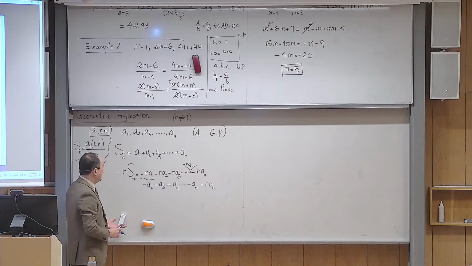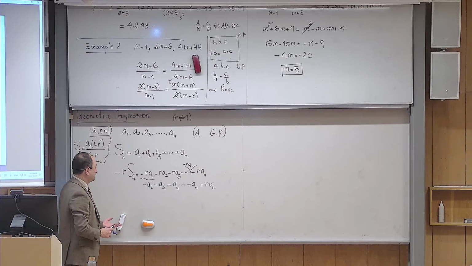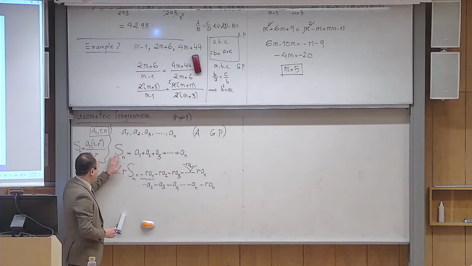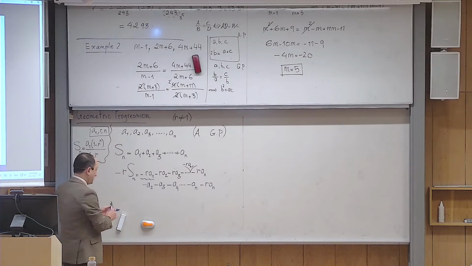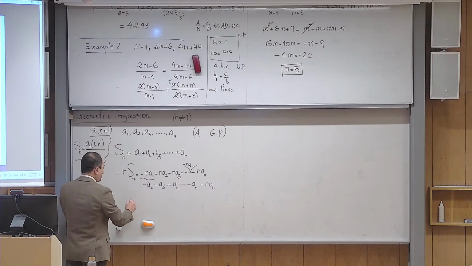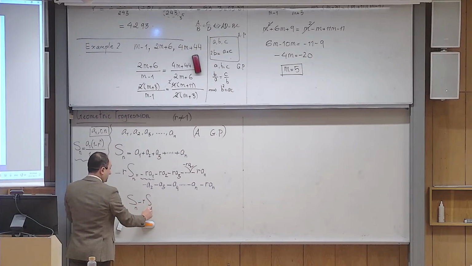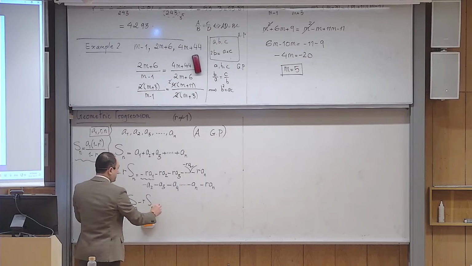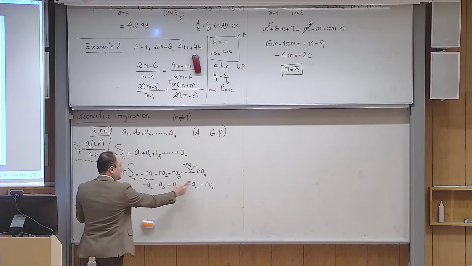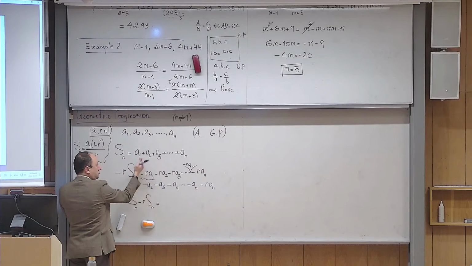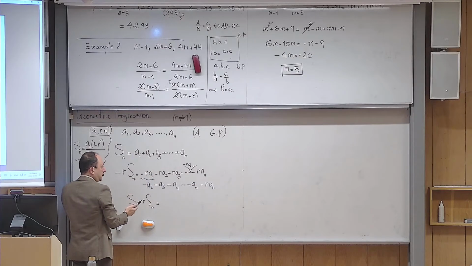And now, what is the idea? Can you tell me what's the idea? I want to get rid of most of these terms, yes? So I will add this to that. So what happens? This gives me Sn minus R Sn is equal to. Look at this blue line here. I want to add the blue line to this black line here. But what will happen?